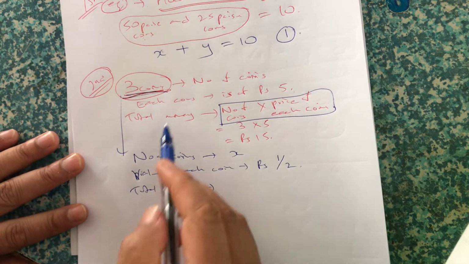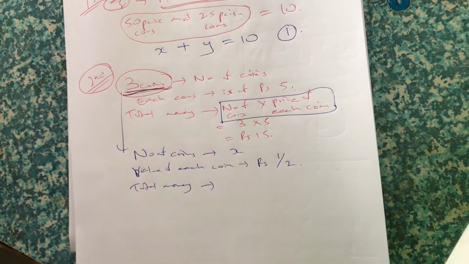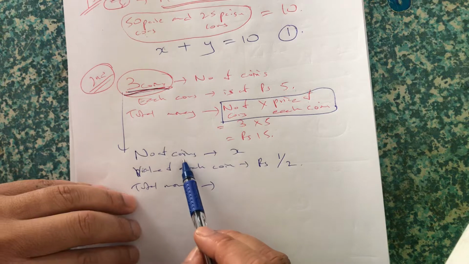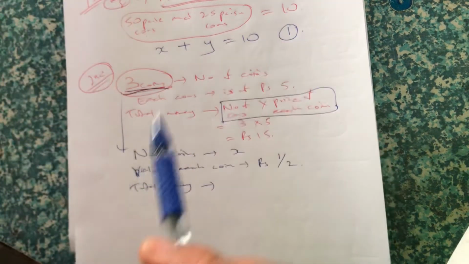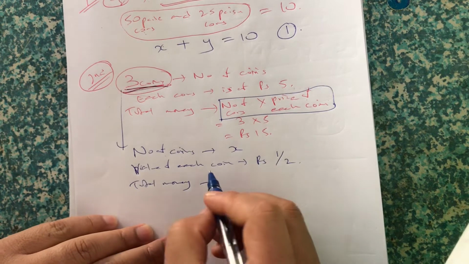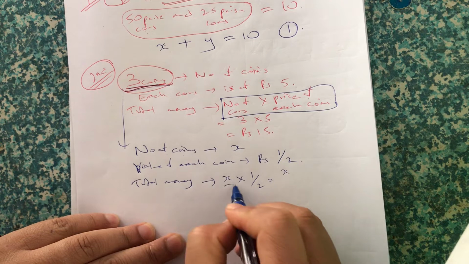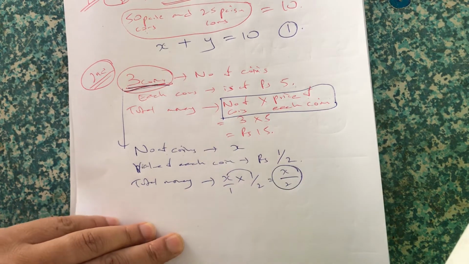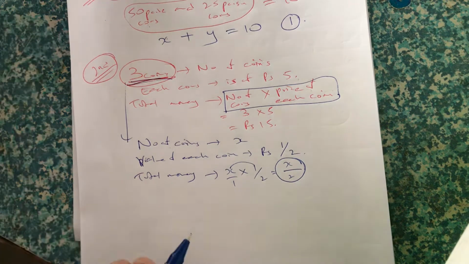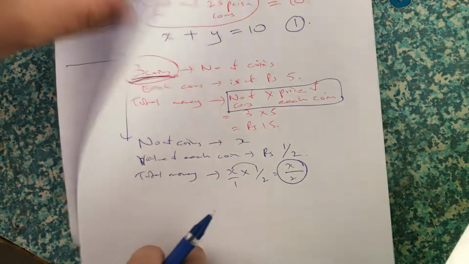Every time I want to know the total money I have, I check how many coins I have in my hand and the price of each coin, and I multiply the two. So the number of coins is x, into the price of each coin, 1 by 2. x into 1 is x, divided by 2. So I have total money x by 2. That is the information we use over here.